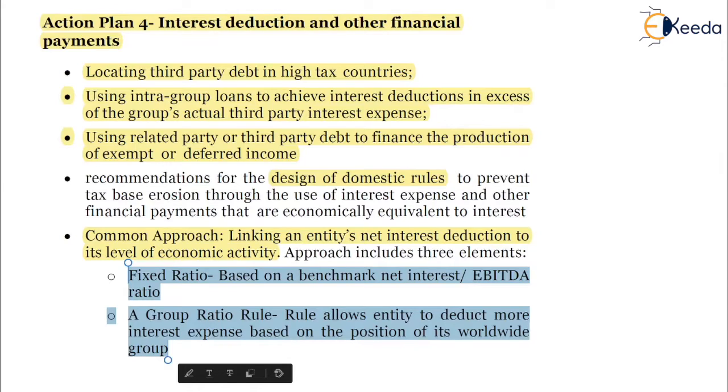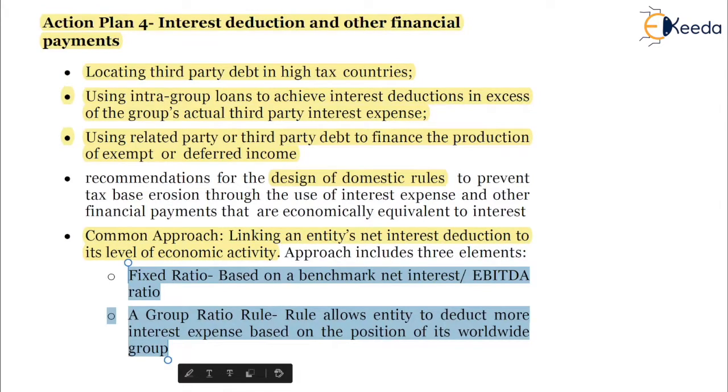So for an example, 100 is the total interest paid. Based on the fixed ratio, net interest to EBITDA, we are eligible for only 70 of interest. Agreed, you will only get an interest deduction of 70 based on the nature of economic activity. In the second example, group ratio rule, 100 interest amount has been paid, and as per the group ratio rule, you may be eligible for more than 70, more than rupees 70 of interest.